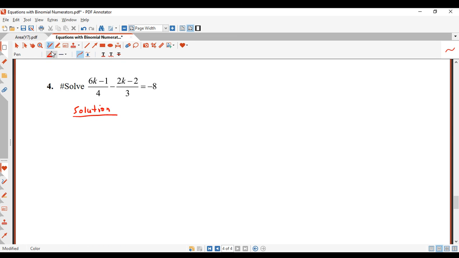Okay, so what I'm going to do, just like last time, is write down the question again so I can write on top of the equation.